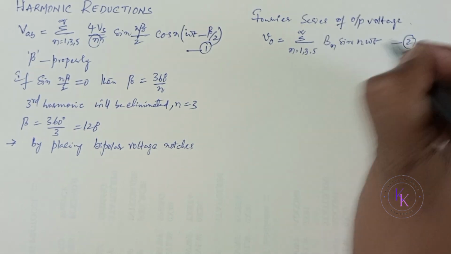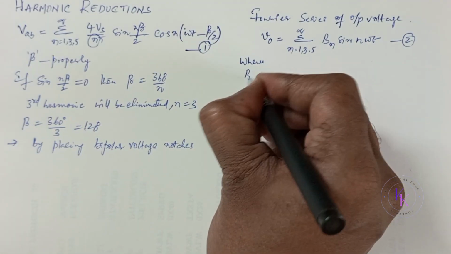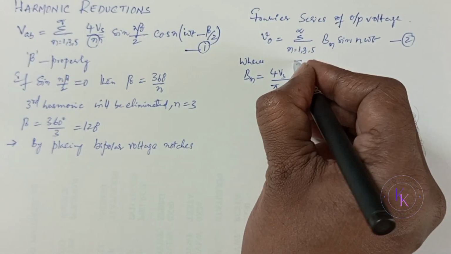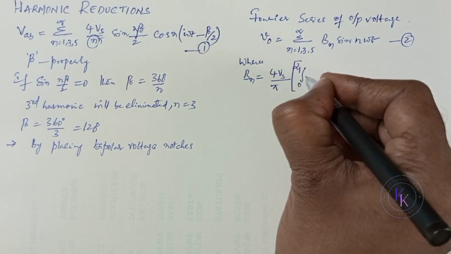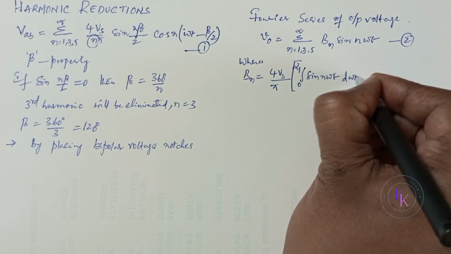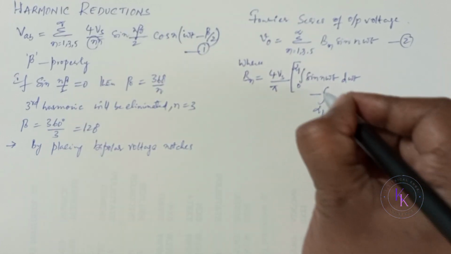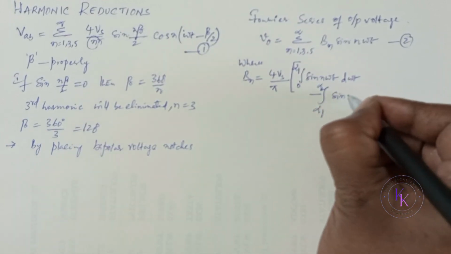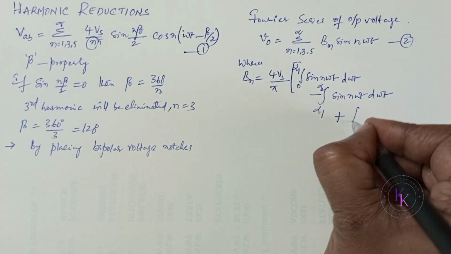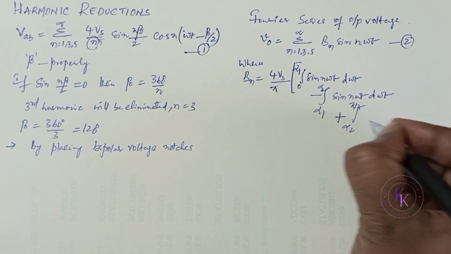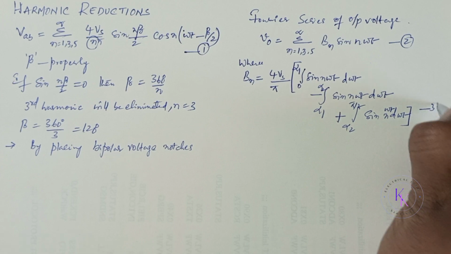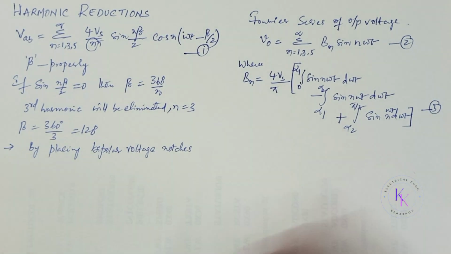Let this be equation number 2, where Bn equals 4 Vs by pi of the integral from 0 to alpha 1 of sine n omega t d omega t, minus the integral from alpha 1 to alpha 2 of sine n omega t d omega t, plus the integral from alpha 2 to pi by 2 of sine n omega t d omega t. That is equation number 3. This is for a quarter of the wave.